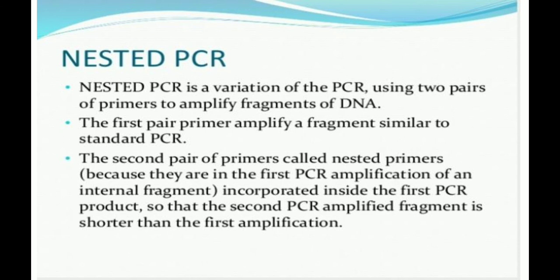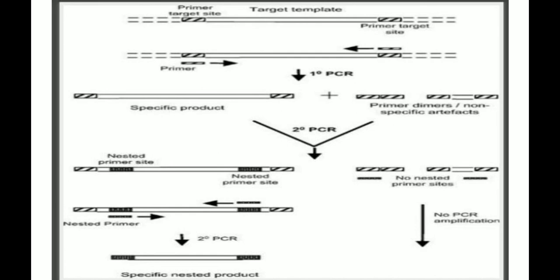They are incorporated inside the first PCR product, so that the second PCR amplified fragment is shorter than the first amplification. Okay, so here you can see how it actually works.